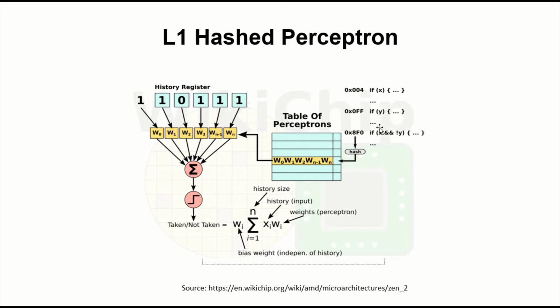So, when the processor encounters a conditional branch, its address is used to fetch a perceptron from a table of perceptrons. The inputs are the individual bits and the output is the computed dot product of the weights and the history of prior branches. Now, if there is a negative output, the branch will not be taken.